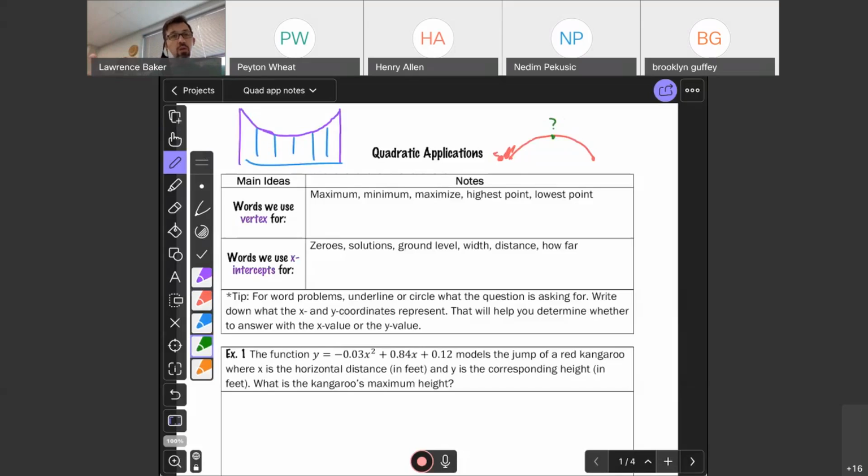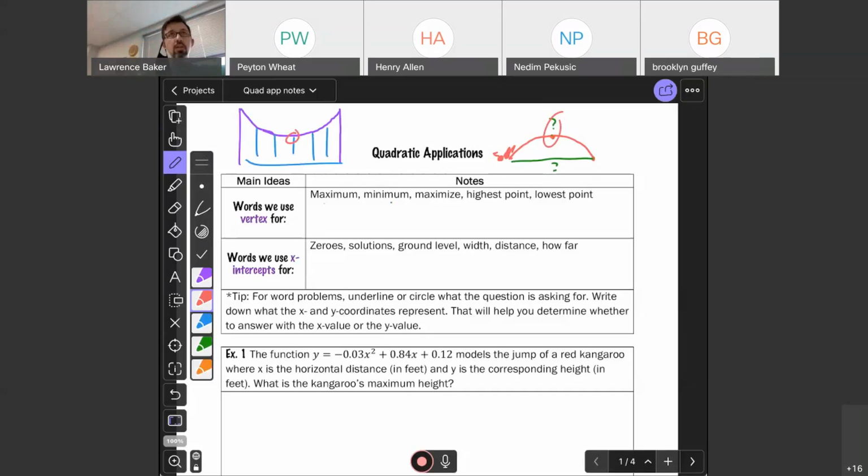What part of the math is that? Or how far does the animal jump? How does that correspond to math? When we use words like maximum, minimum, right? You say max, okay, what's the max value, what's the highest that animal's jumping? What's the lowest that cable dips down?